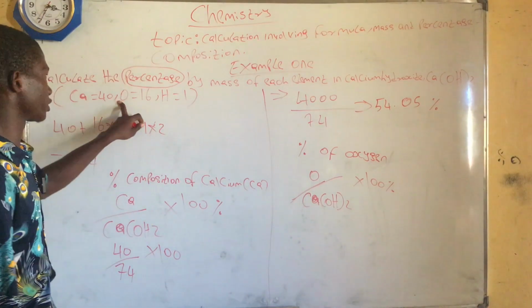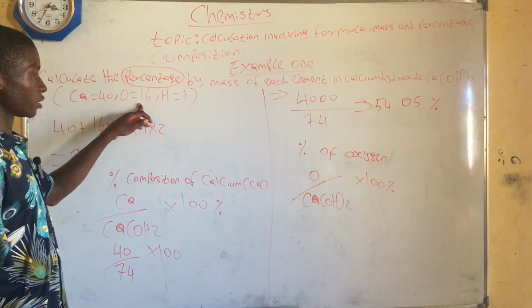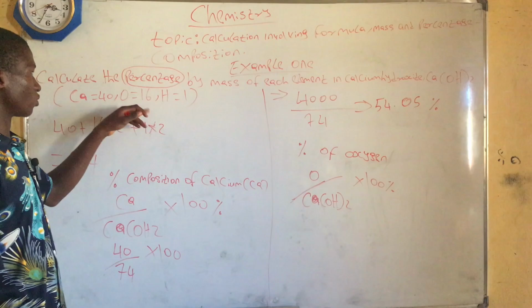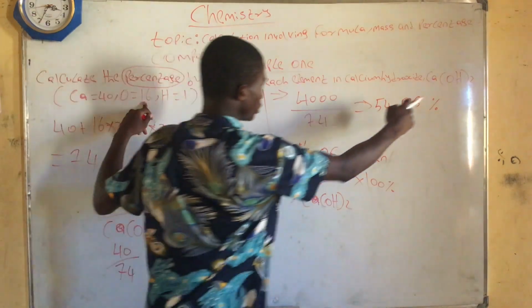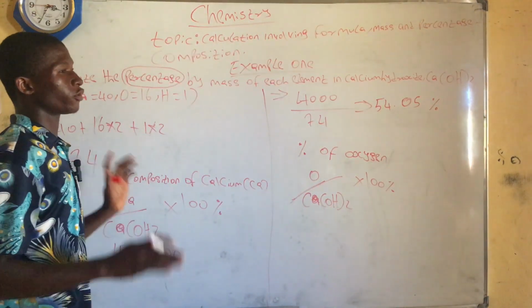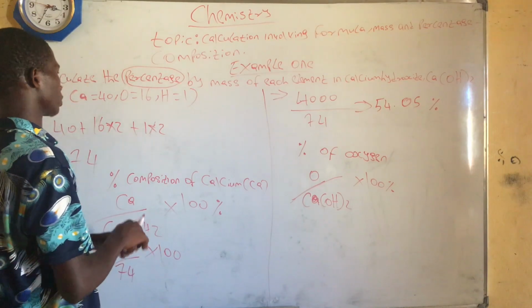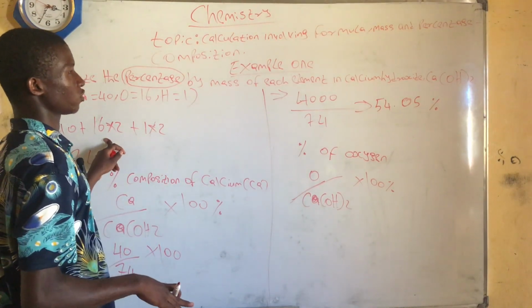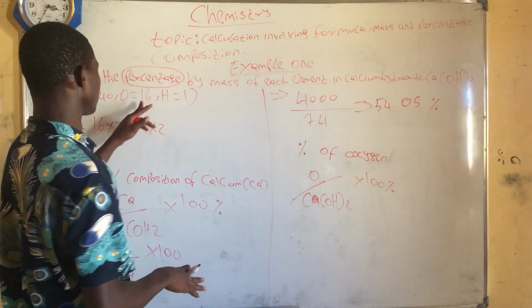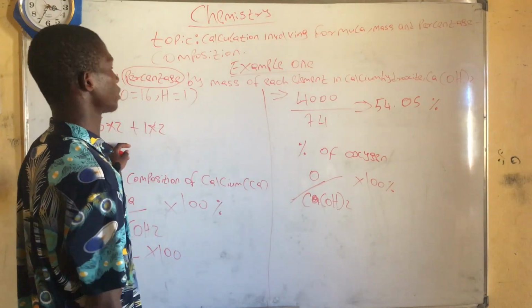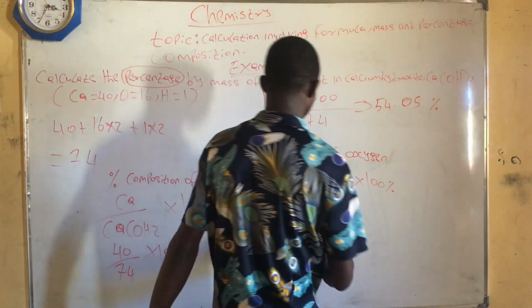They give us oxygen as 16, but in this compound there are 2 oxygen atoms, so 16 times 2 gives 32.